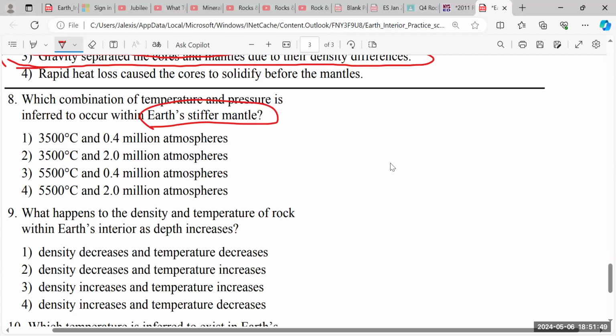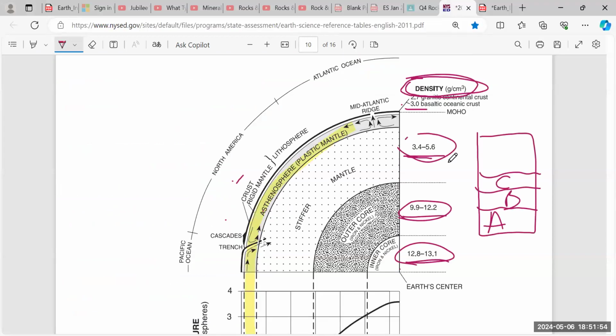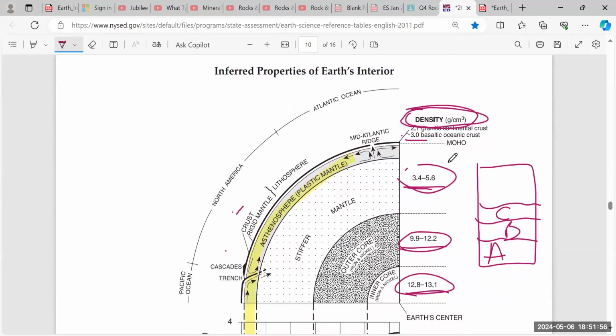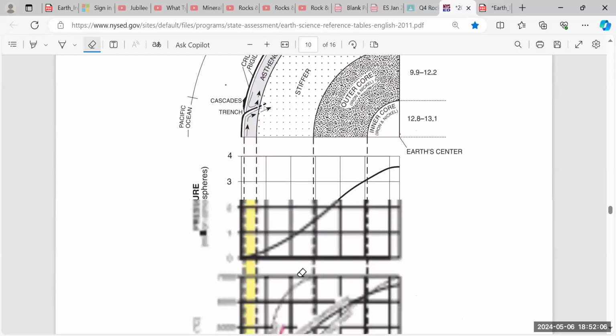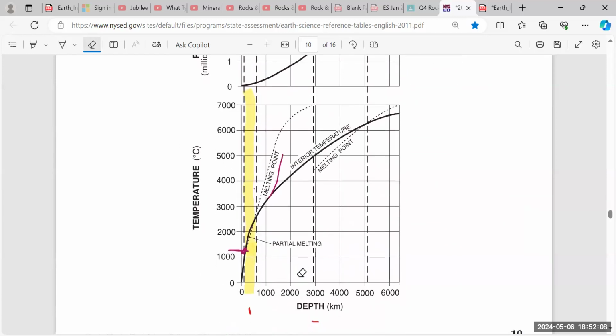So it looks like we're going right back to what page, everybody? Page 10, right? And we know page 10 focuses on the inferred properties of Earth's interior. All right, and so what we can do is a trial and error thing, right? We can test out the different numbers and see what we get.